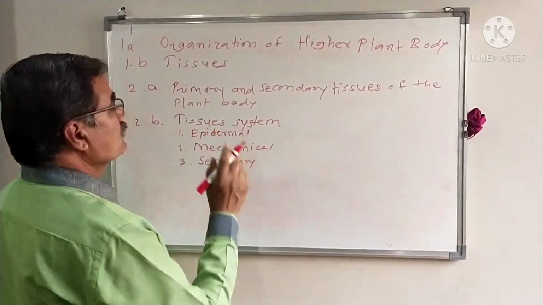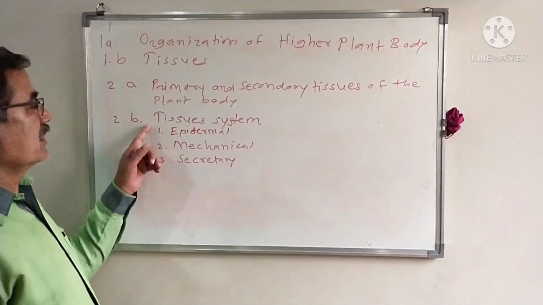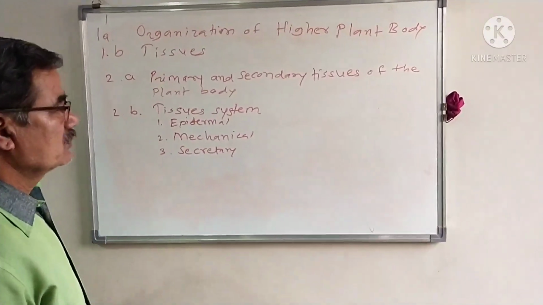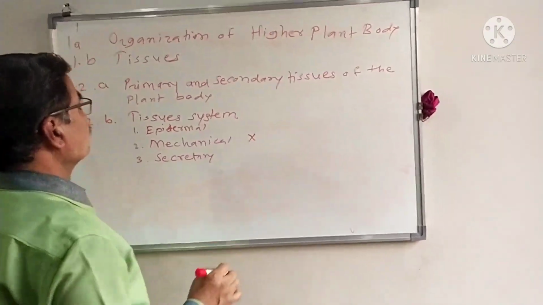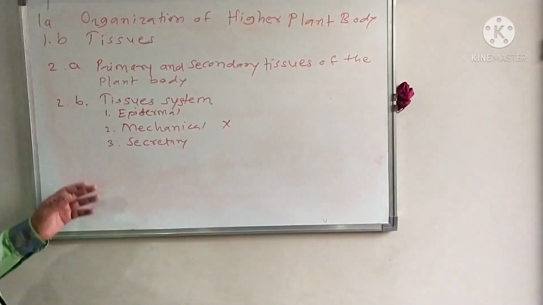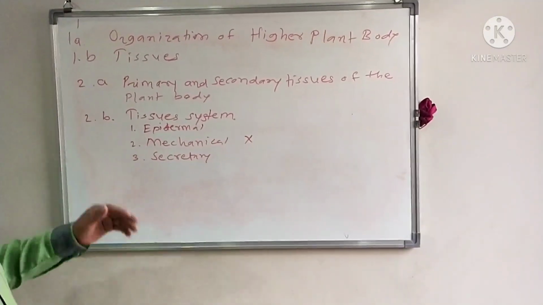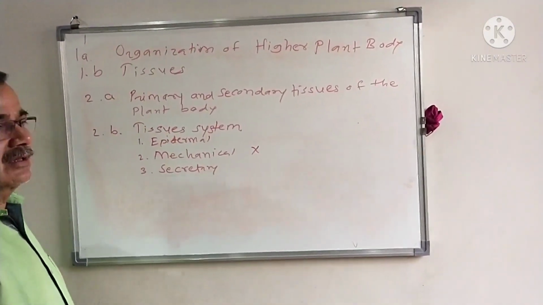There are many tissue systems, but in our syllabus only three types are included. The mechanical tissue system is deleted here due to the pandemic, corona, from the examination point of view.